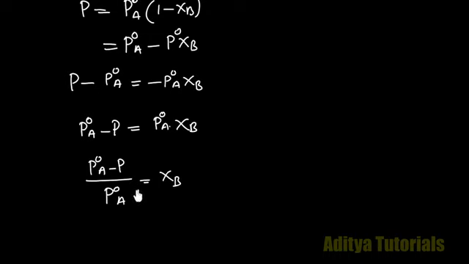So here, this is quite interesting, P naught A minus P is the lowering of vapor pressure.